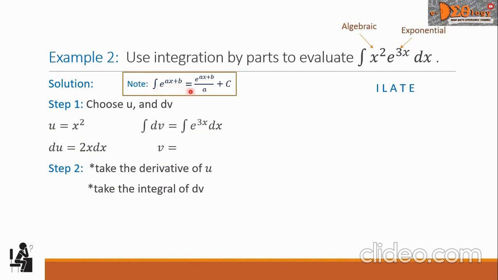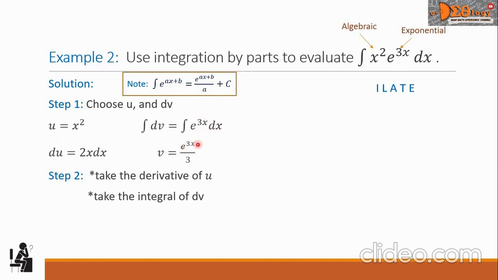This is equal to e raised to ax plus b all over a, then plus c. Now for the integral of e raised to 3x, we have e raised to 3x over 3. In the integration here, we don't write the plus c.